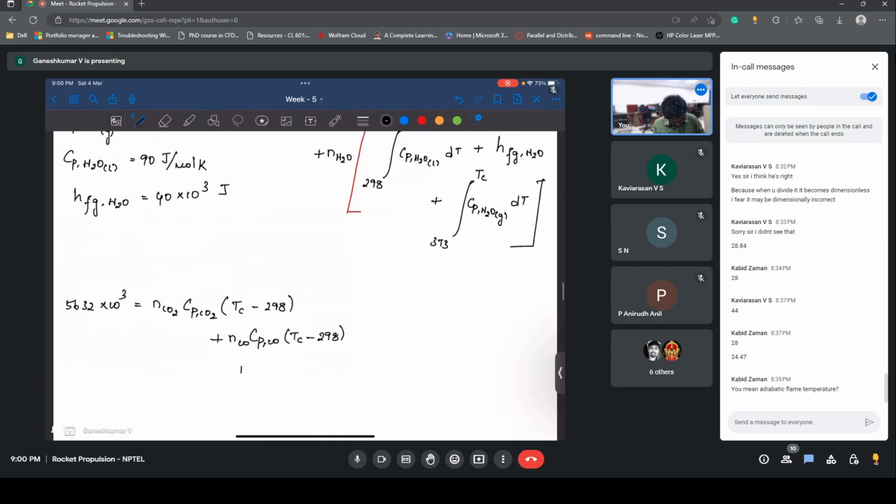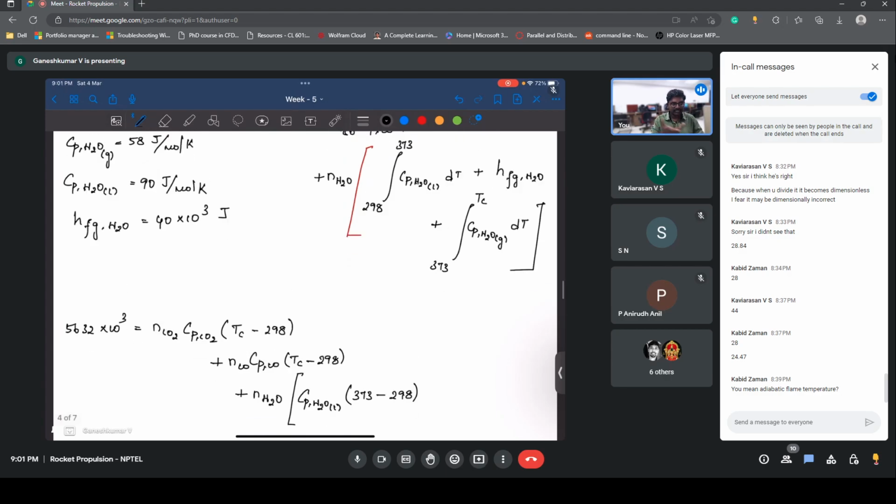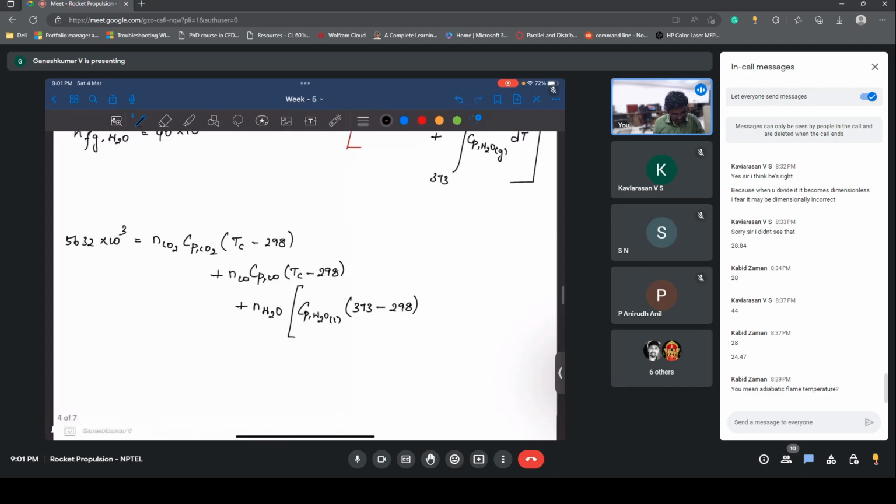Now I have N of H2O, where I'm again assuming Cp to be constant, and I'm taking Cp of H2O liquid times 373 minus 298. You are just integrating. Cp comes out, so the integral of dT is just T, and you apply the limits here.